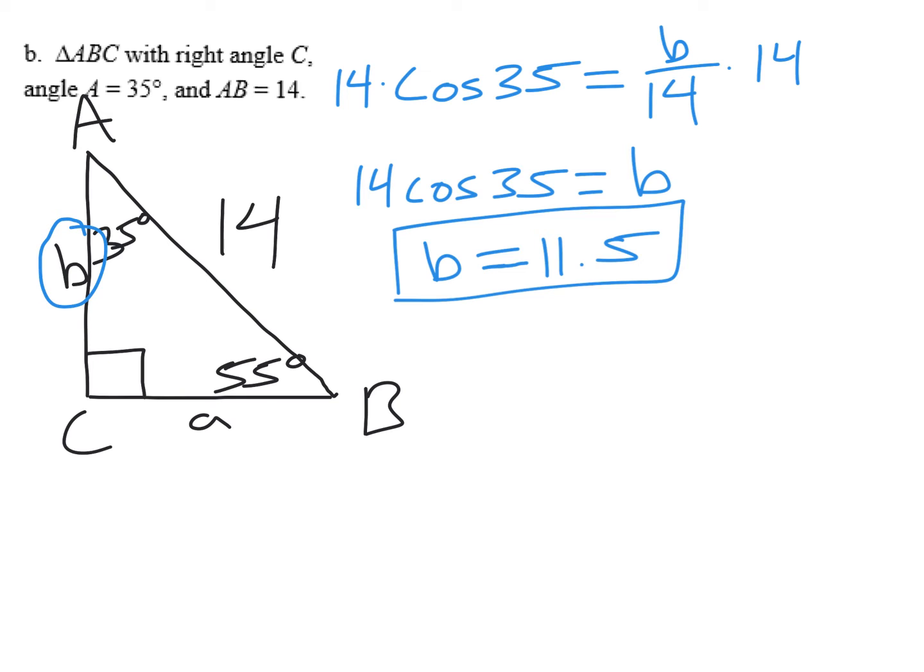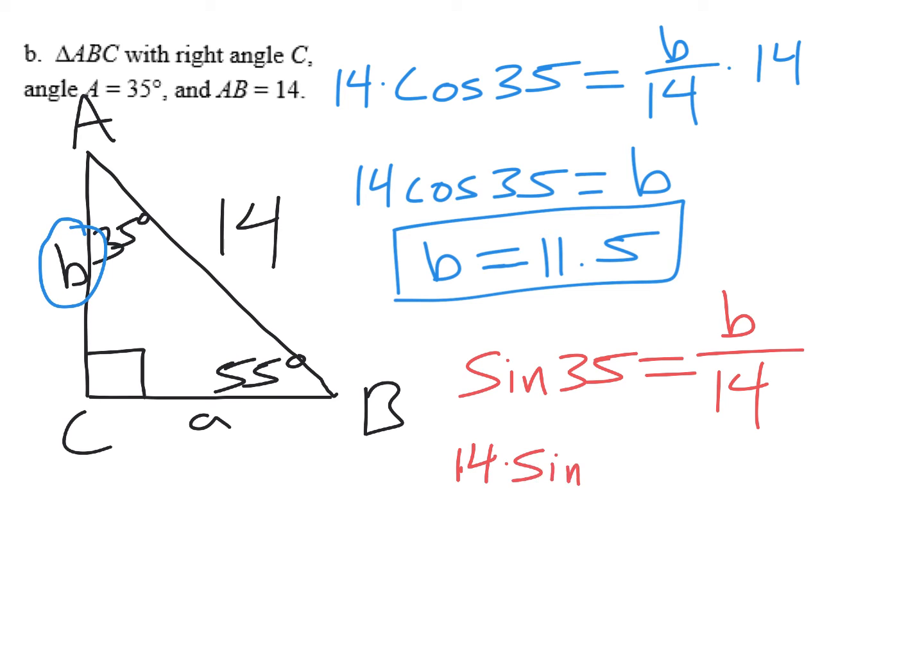Now I'm going for A. If I stick with 35 degrees, I can now go opposite over hypotenuse and say sine of 35 is A over 14. And then what you type into the calculator would be 14 times the sine of 35. That's going to give you B. Whoops. Back up.